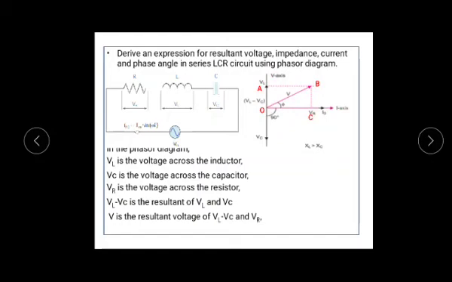I is the current flowing through this series LCR circuit. And here we have marked one angle called phi. Phi is the phase angle between current and voltage. So these are the symbols we have drawn in the diagram, and they are explained here.